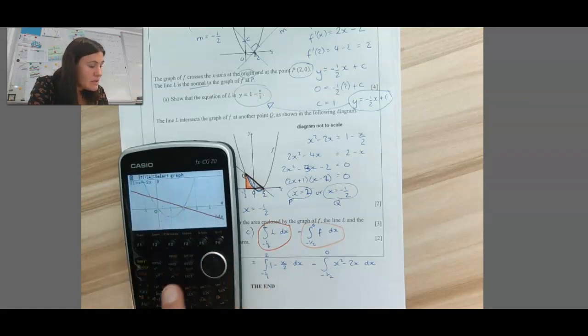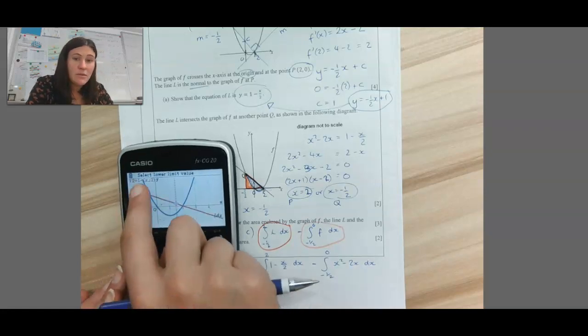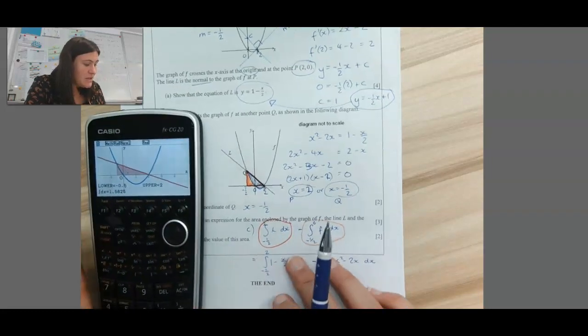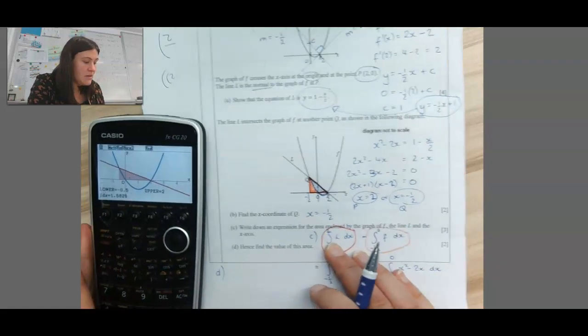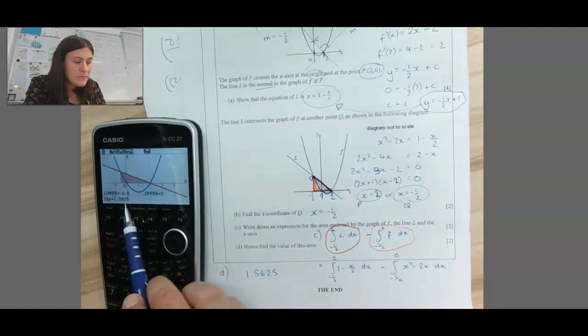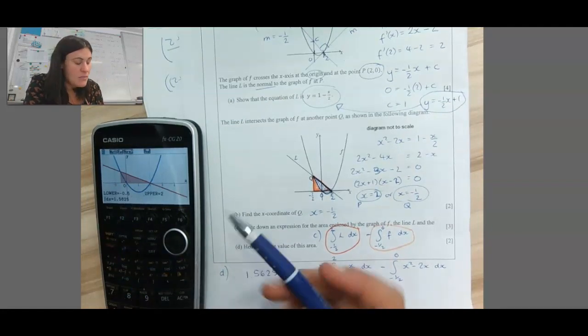I'm going to start with the integral of L. So I'll scroll up onto the red line, and I want to select my lower limit value. That's minus 0.5. And my upper limit value is 2. It's nice there, it shades it in. So I know here I've got 1.5625, and that's an exact number because it doesn't keep going anymore, and it's a triangle as well.